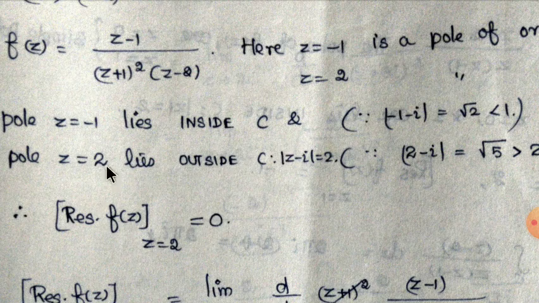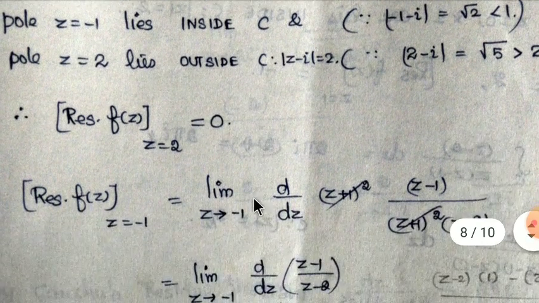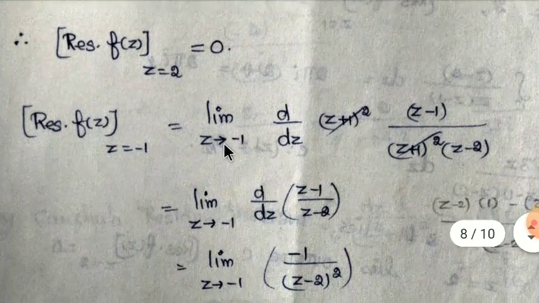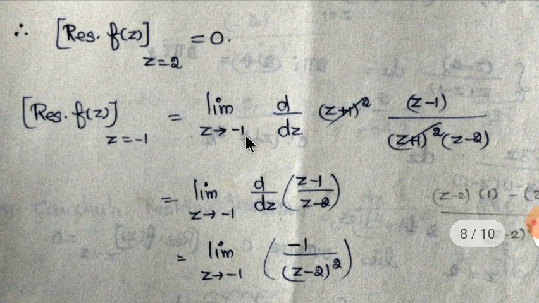Now find out the residue of f of z at z equal to minus 1. So limit z tends to minus 1, d by dz. Because of order 2, one time differentiation. To cancel this one, we get z minus 1 by z minus 2, using the u by v formula.